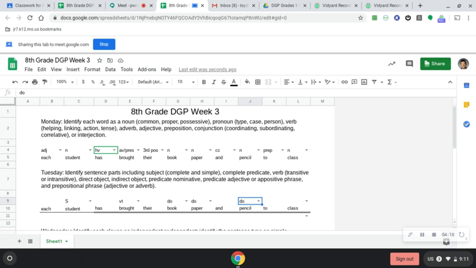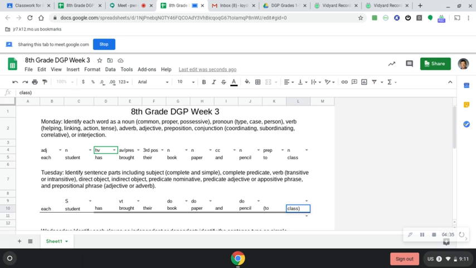Remember, it always includes our preposition and the word that it's connected to. What's that? To class. Very good, Mercedes. I promise you, Mercedes, you're starting to understand this and get it. Don't hesitate to give responses, okay?